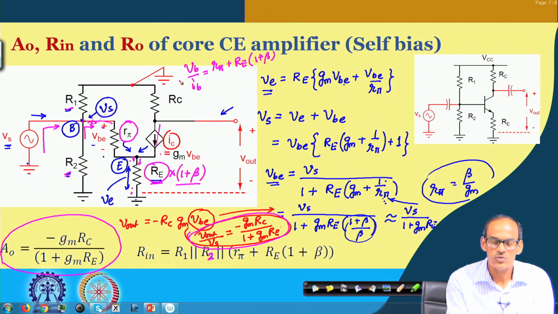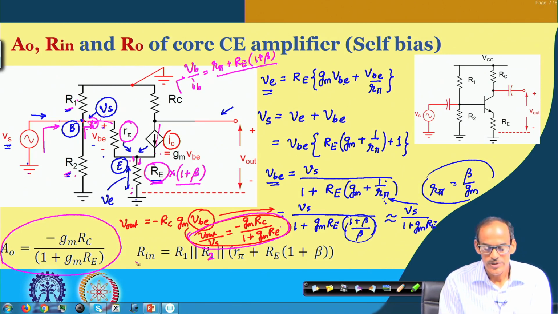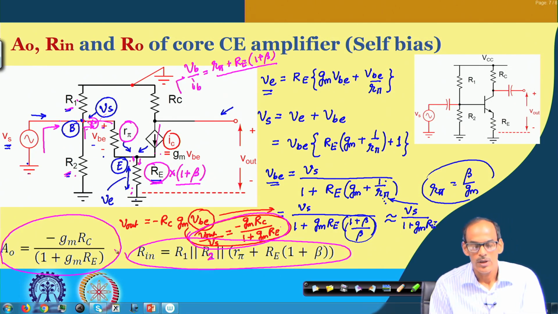In fact, this is the resistance coming here. So, the total resistance is R 1 parallel R 2, and then in parallel with whatever resistance we have. So, if you see here, that is the expression we are giving here.